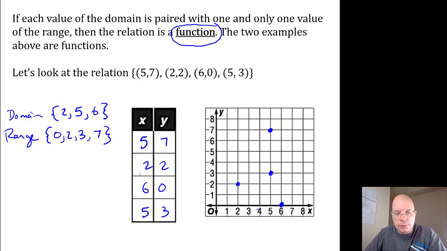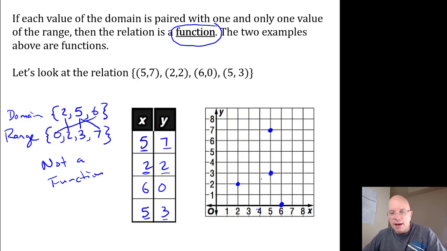The input of 2 is paired with an output of 2, so that maps there. The input of 5 is paired to the 7 and to the 3. So this input of 5 gives you a 3 and a 7. The input of 6 maps to an output of 0. So this is not a function, because you can't have an input like 5 mapping to two different outputs, two different values of the range.